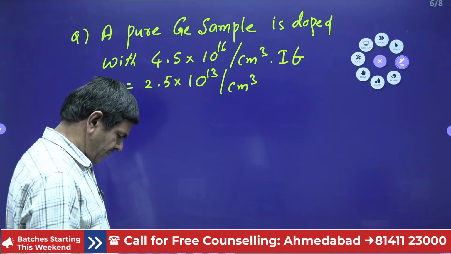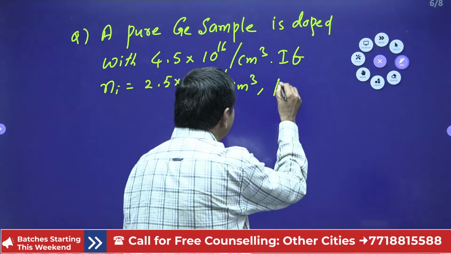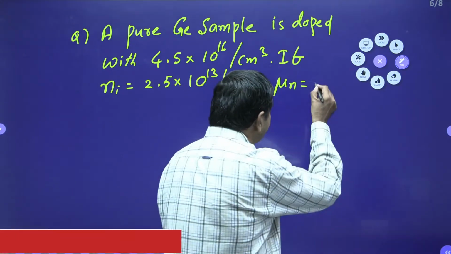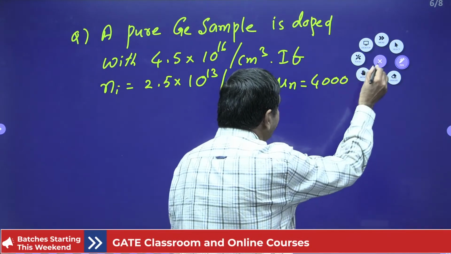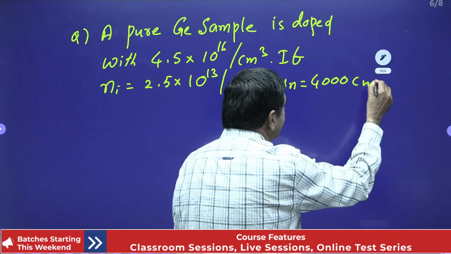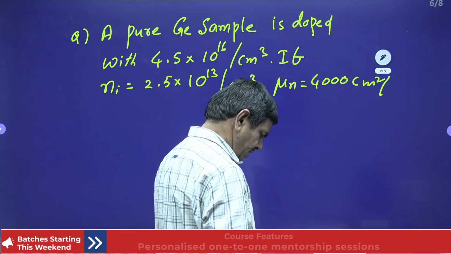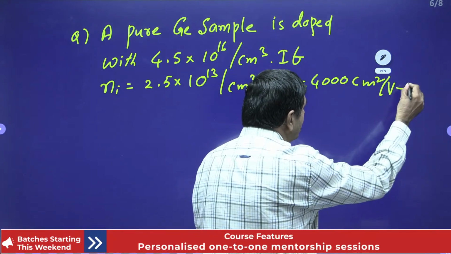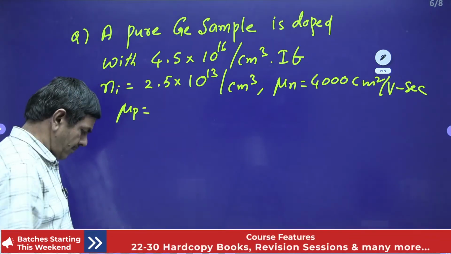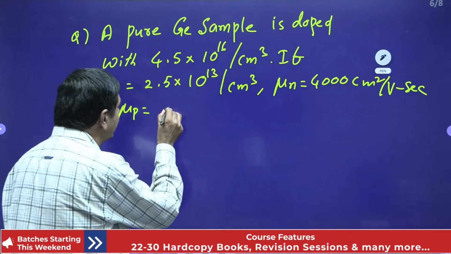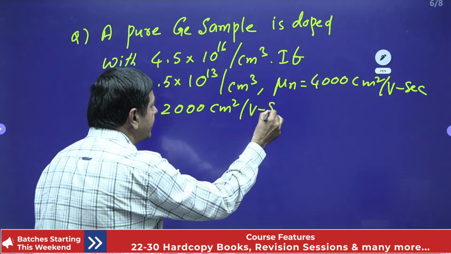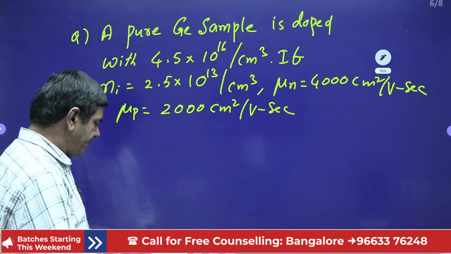Mu n, the mobility of electrons, equals 4,000 cm square per volt second. Mu p, the mobility of holes, is also given in the problem. Mu p is given as 2000 cm square per volt second. That much is given.